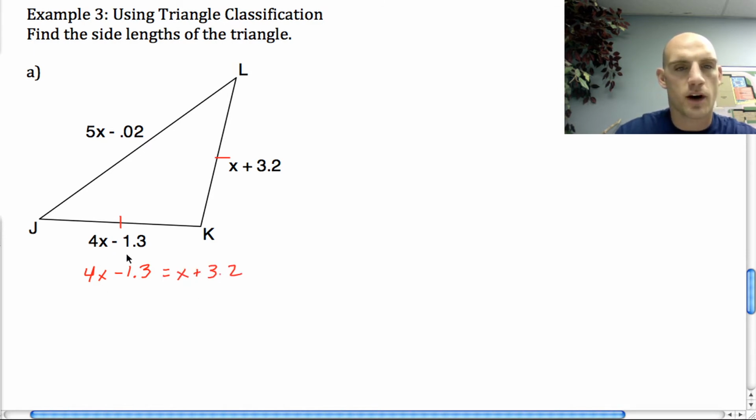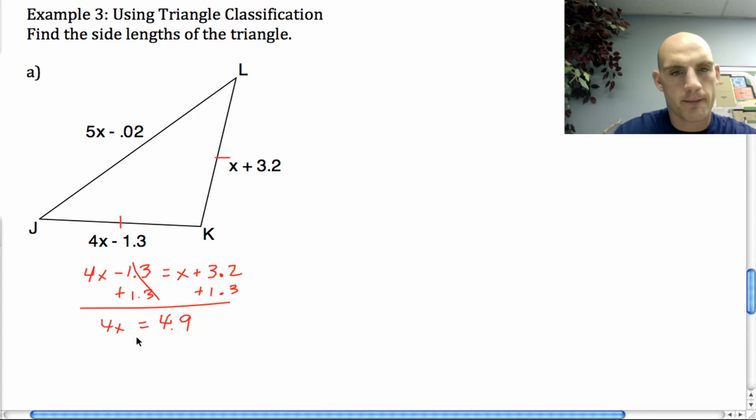Okay, so 4x minus 1.3 is equal to x plus 3.2. So I'm going to add 1.3 to this side, add it to the other side. 4x equals, and this is going to be 4.5.